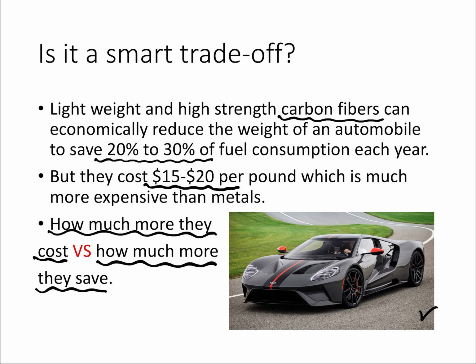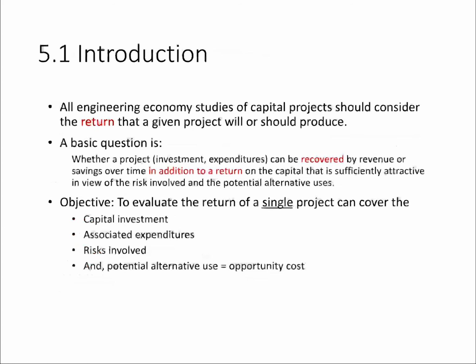So all these cash flows, does it make sense? Does it save you a lot of money? Or what you have paid for the car is over what you can save every year? That is your single project problem, and you want to find a way to evaluate if it's acceptable or not.